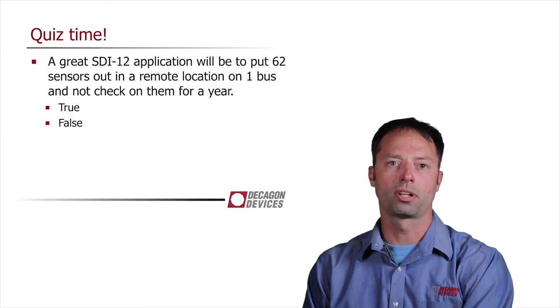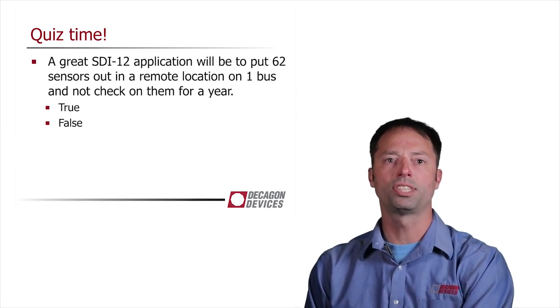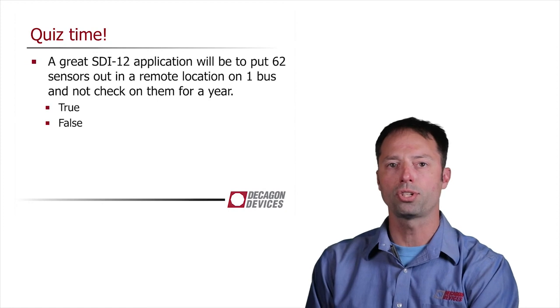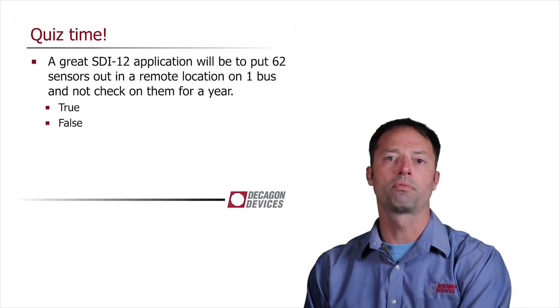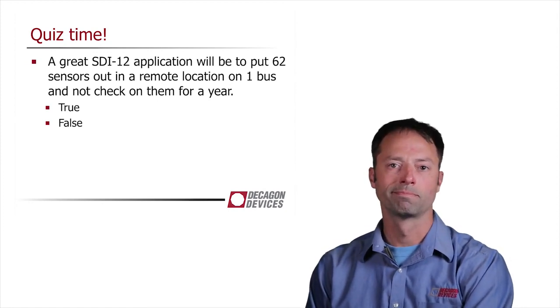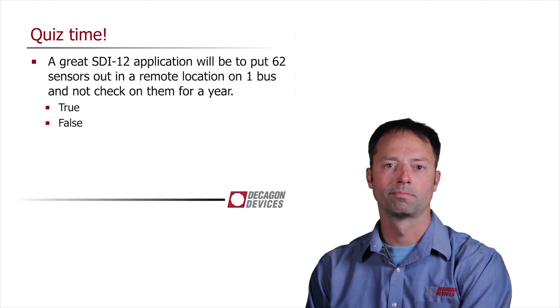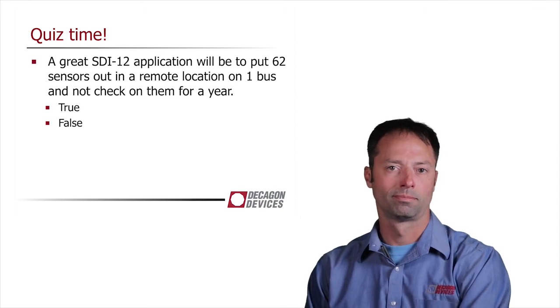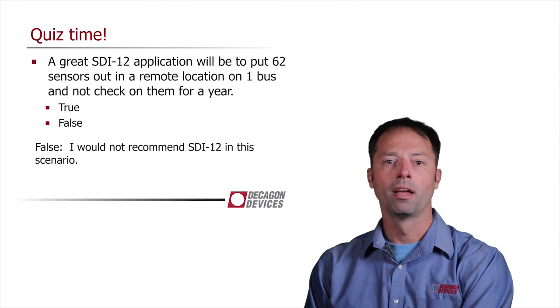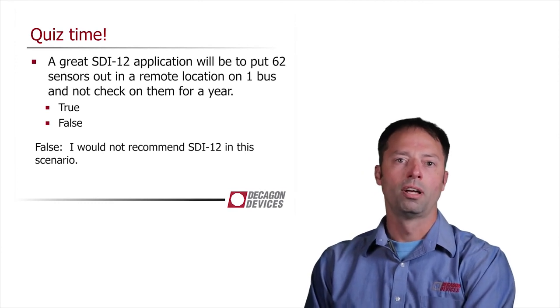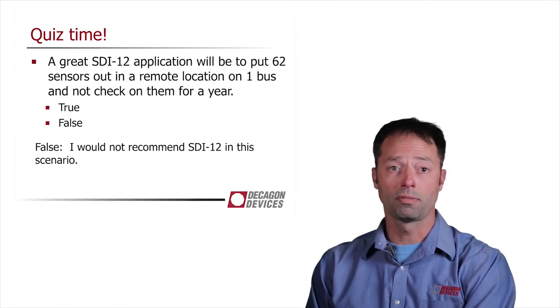And the last question: a great SDI-12 application will be to put 62 sensors out in a remote location on one bus and not check on them for a year. And I think this is false. I would not recommend SDI-12 in this scenario.